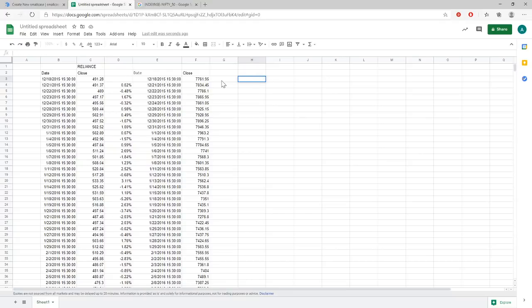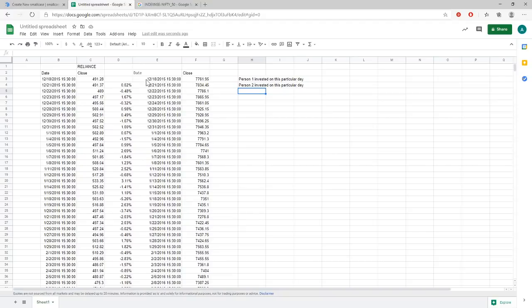Say person 1 invested on this particular day. Person 2 invested on this particular day. And similarly, X number of people, all of them invested on this particular day.